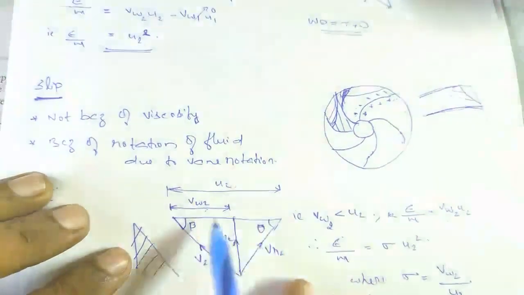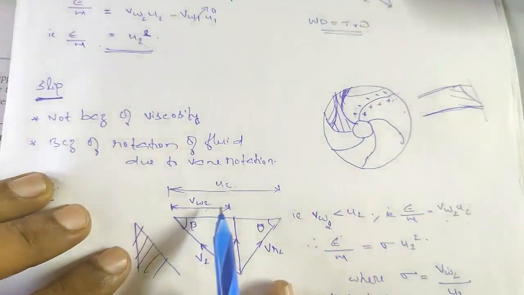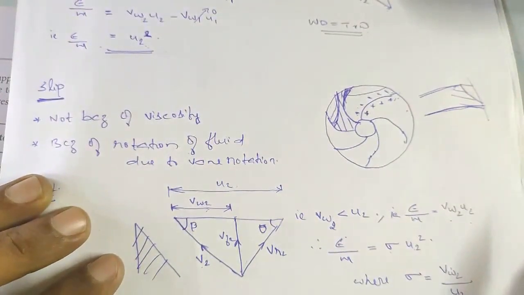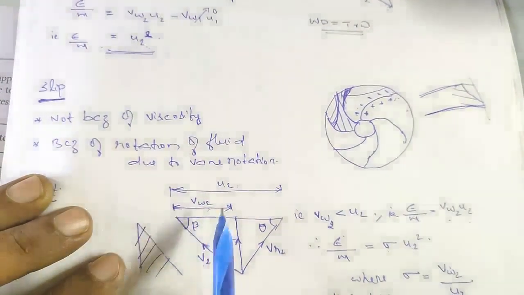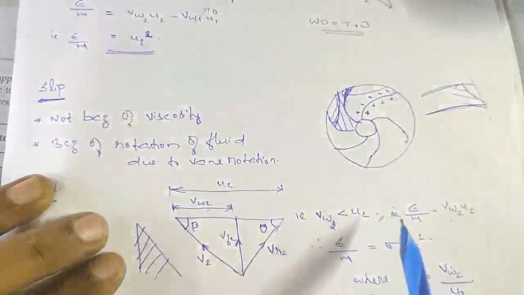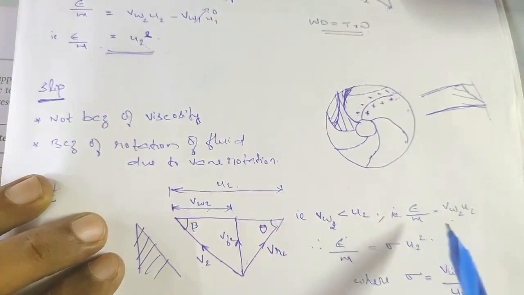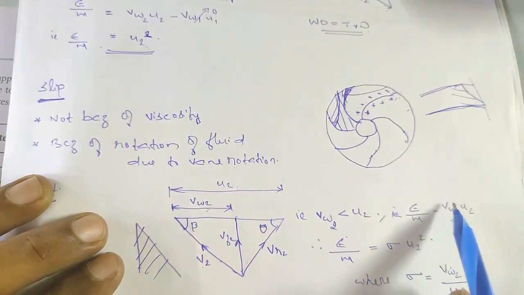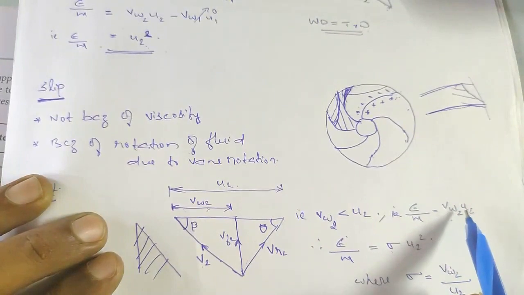So the effect is that VW2 will be less than U2. In the actual case, because of slip, VW2 will not be equal to U2, it will be less than U2. That means the energy per mass will be equal to VW2 U2 and it will not be equal to U2 square, because VW2 is less than U2.